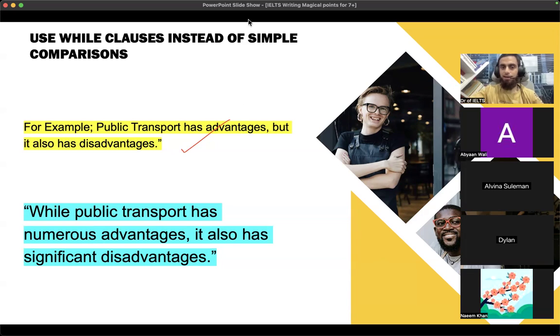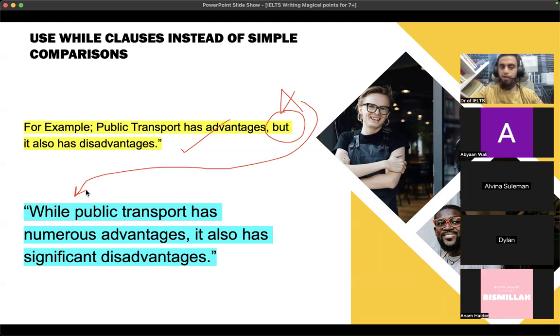Now the idea is same, but what we did, we removed this. And before starting the lecture, I said you have to not use it. And now you got an idea how to get rid of it by using a while clause, starting a sentence from while, shifting it from but to using while.